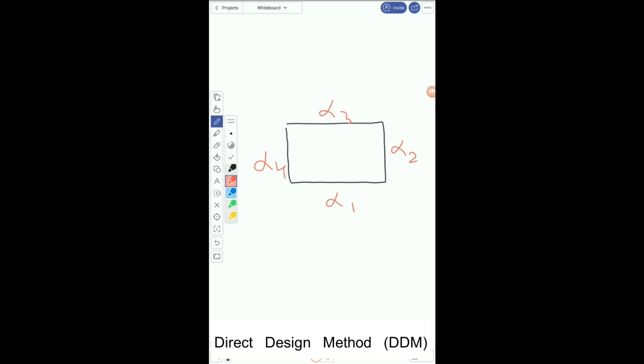So the slab is resting on all these four beams, and to calculate alpha m, alpha m is basically the average of these values. This is alpha 1 plus alpha 2 plus alpha 3 plus alpha 4 divided by 4. This is the value of alpha m.